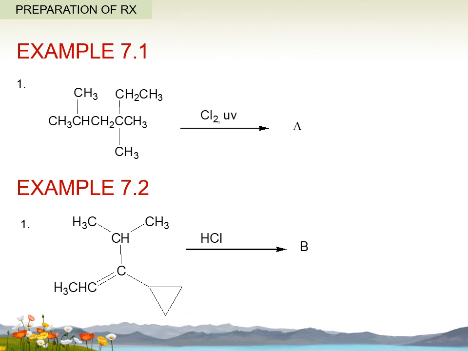So the answer for this question is, let's draw the whole compound here from left. Chlorine will be attached to this carbon because it is the only tertiary carbon in this compound.